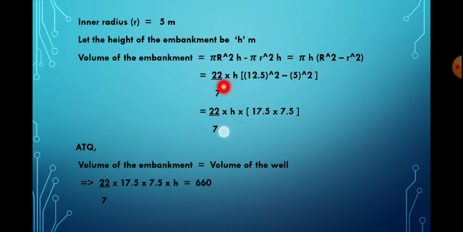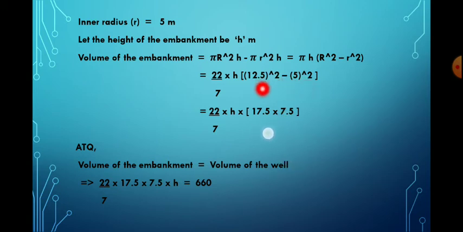So now let us write the values in the respective places, that is 22 by 7 into height, that is h, into 12.5 square minus 5 square. So 22 by 7 into h into, in the bracket, we are writing it as 17.5 into 7.5.